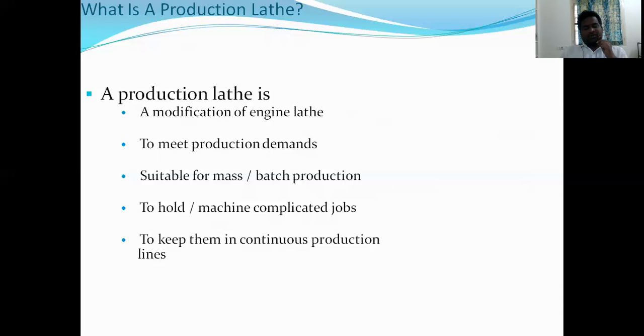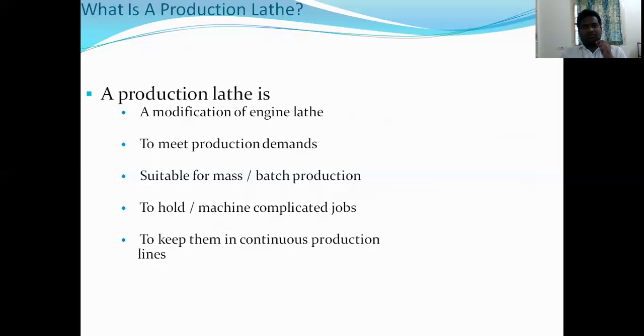So these complicated jobs are manufactured on the production lathe. And it is not only holding and machining; it also keeps them in continuous production lines.